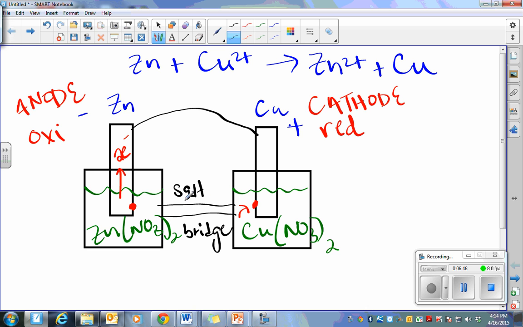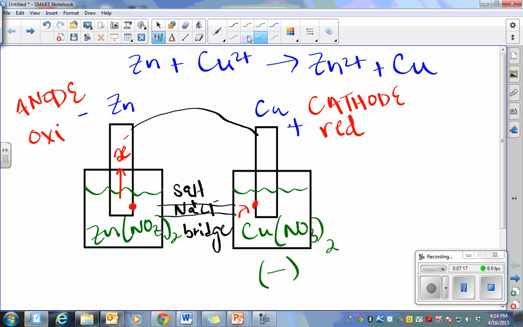It can be some type of porous material, and any aqueous salt, sodium chloride or sodium acetate, anything that is aqueous. Now, this solution, remember, will end up becoming negative from the abundance of the nitrate ion because the copper is being taken out of the solution.